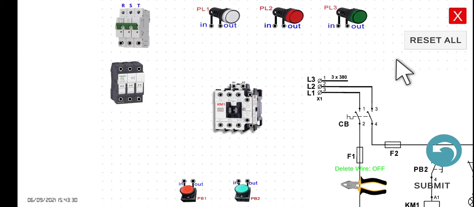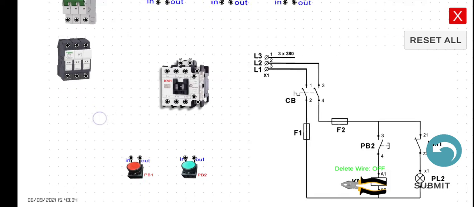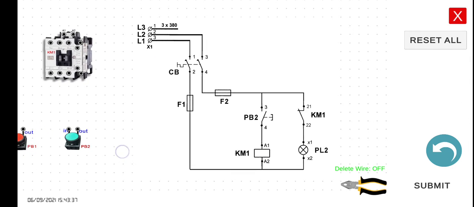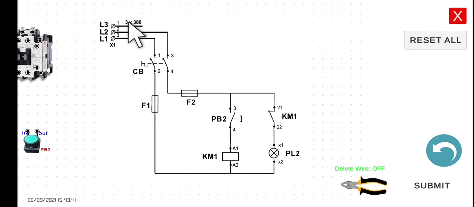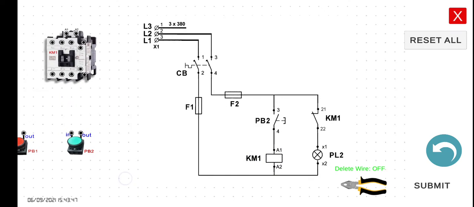Before we start wiring and start our simulation, let's discuss first the functionality of our circuit. As we can see here, we have again a circuit breaker and the fuse, and we have the push button and then the coil of our magnetic contactor, which in this particular case is KM1.